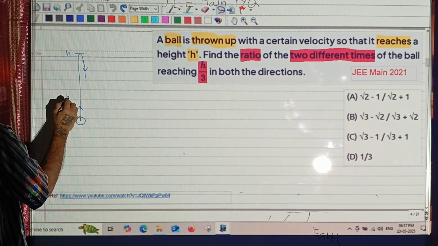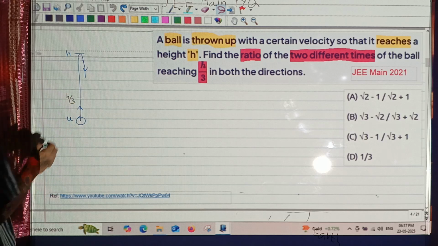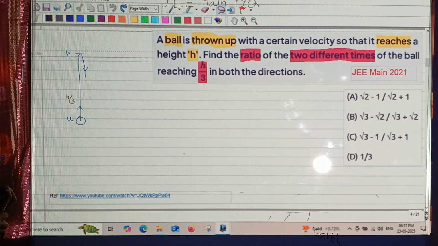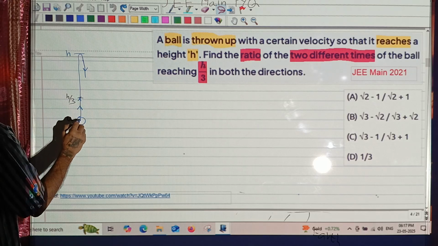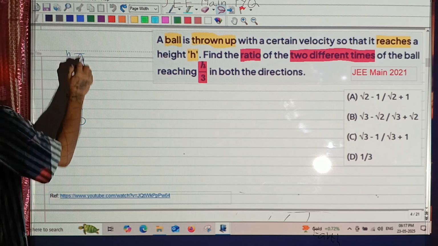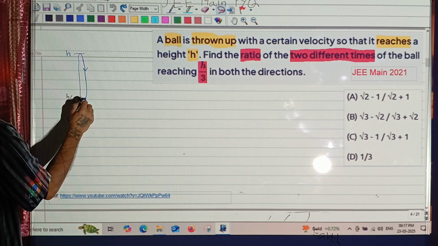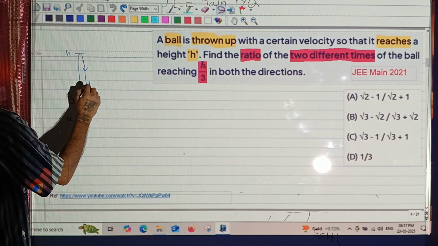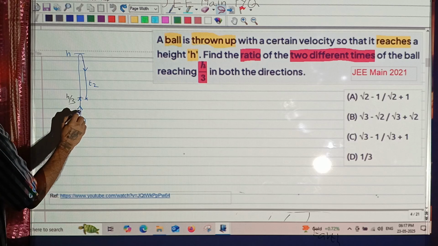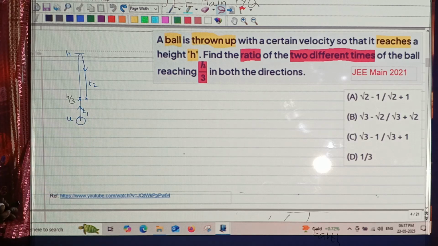So this height is h by 3. At this displacement, it's at 2 times. One is at this time, going up from here to here. And the second time is after going up here, and it will keep on coming down. So this time is t2. The time to go from here to here is t1. So this displacement h by 3 will occur at 2 times. That we have to find out.